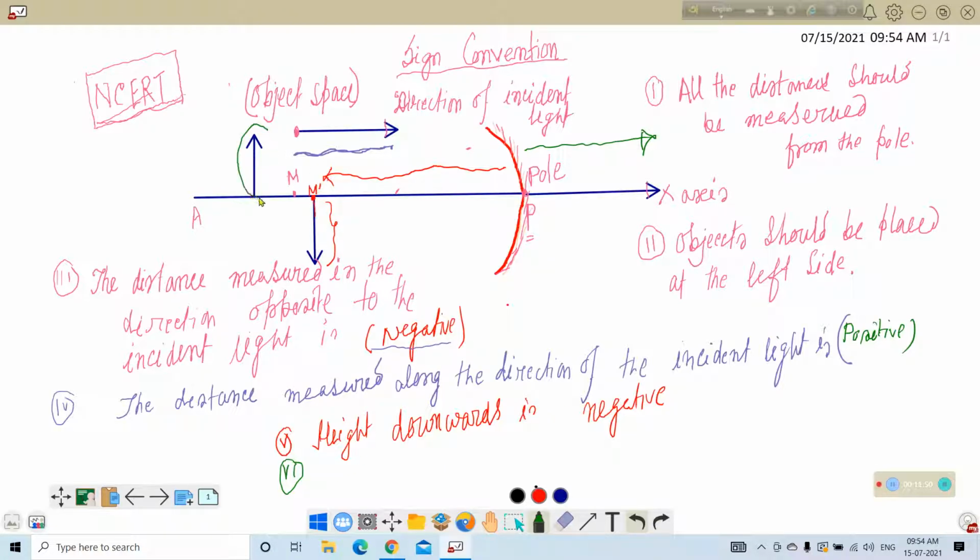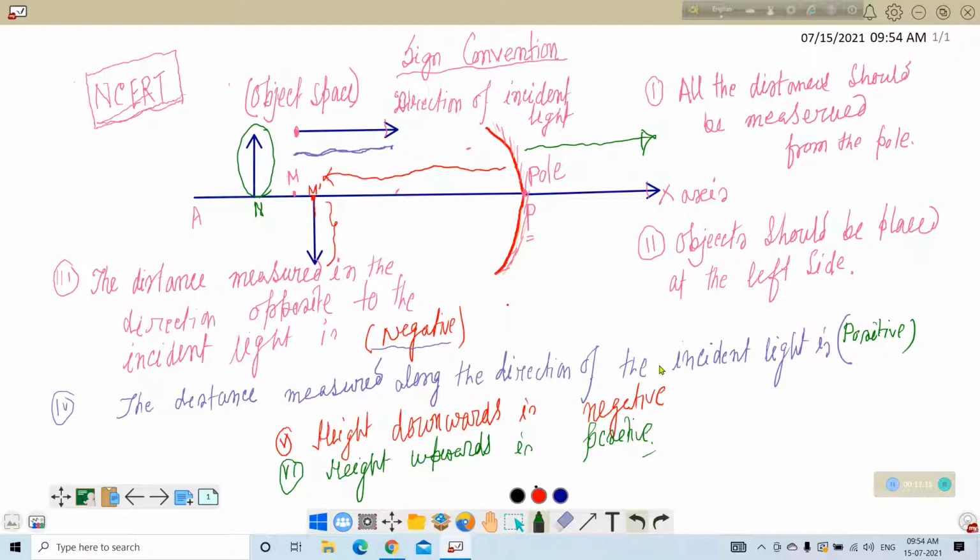Suppose the object is placed at this point; the height upwards is positive.